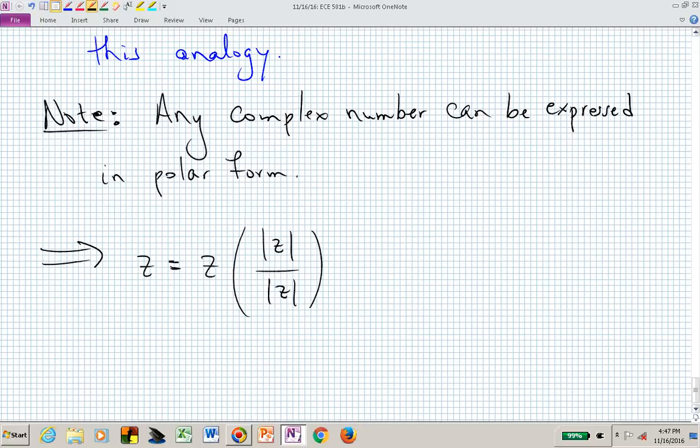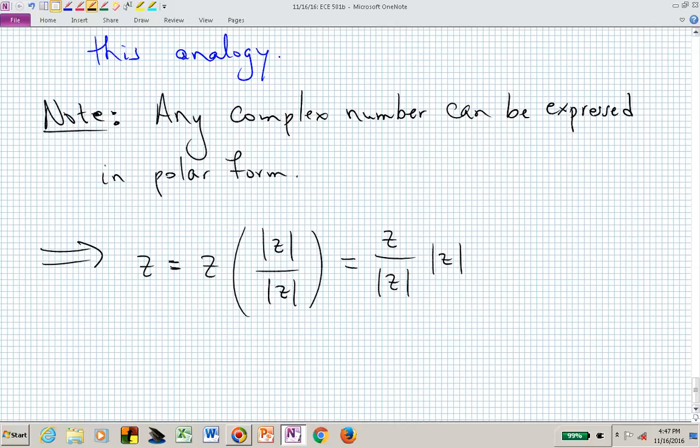But now I can start to shift that ratio around. So I'm going to slide the bottom underneath the left and keep the top on the right. Meaning, I now want to write that as z over its absolute value, or over its magnitude. And on the right is what I have left.